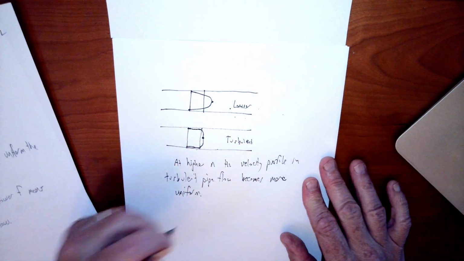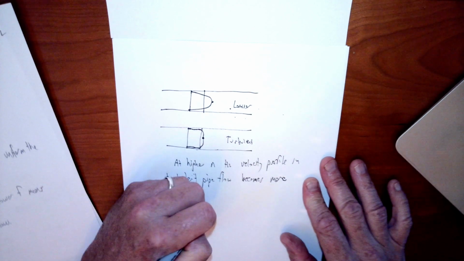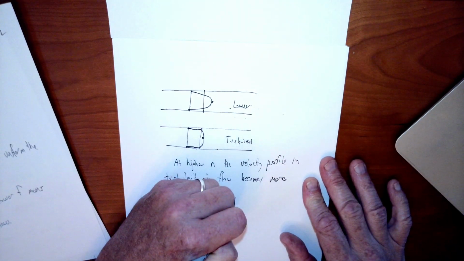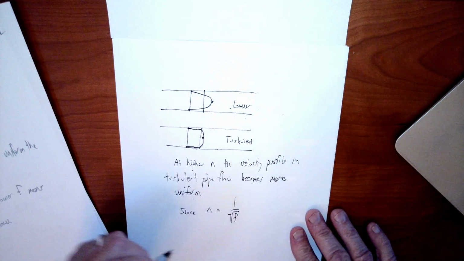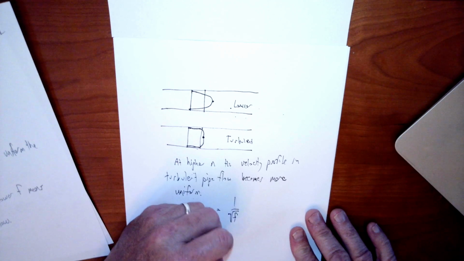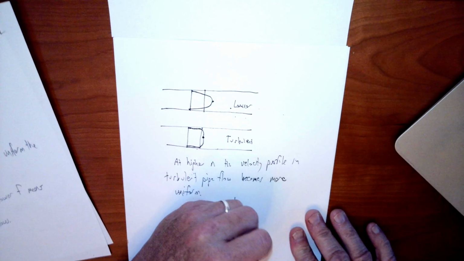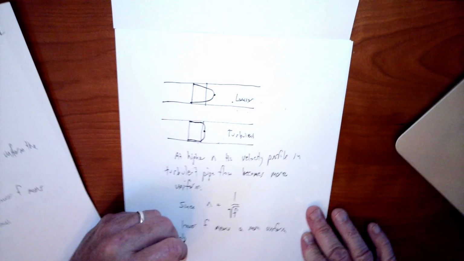And we can also relate that to the friction factor, because since n is equal to 1 over the square root of f, that means a lower f means a more uniform velocity profile.